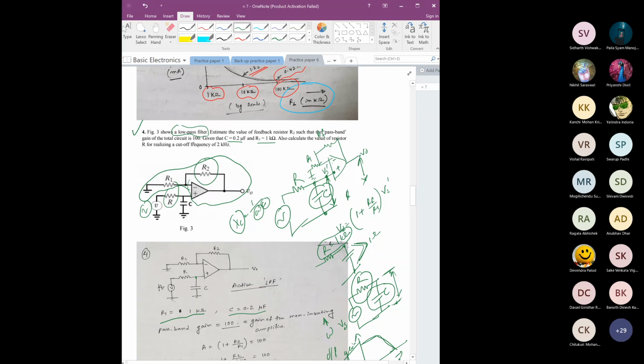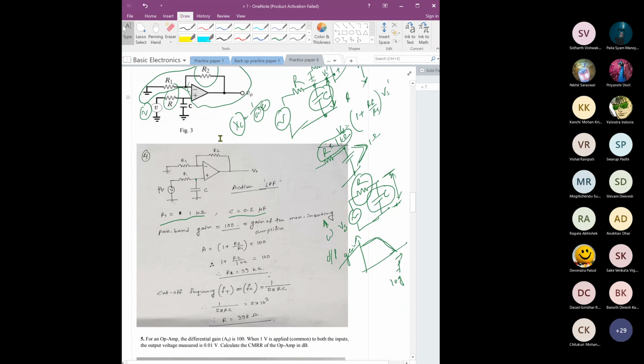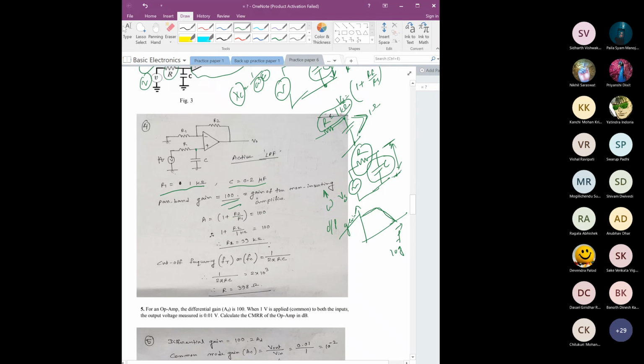The pass band gain of the circuit is 100. This is basically the gain of the non-inverting amplifier, 1 plus R2 by R1, which is equal to 100.